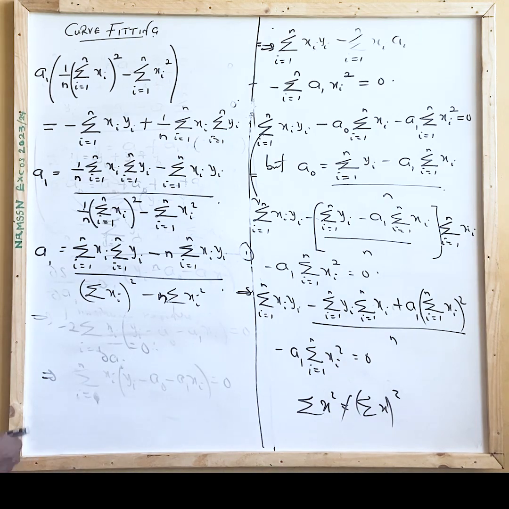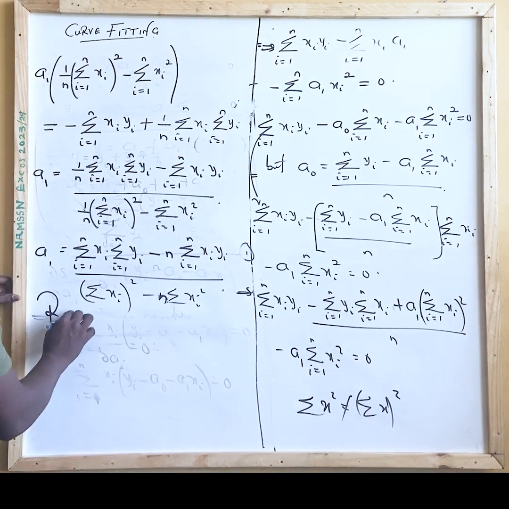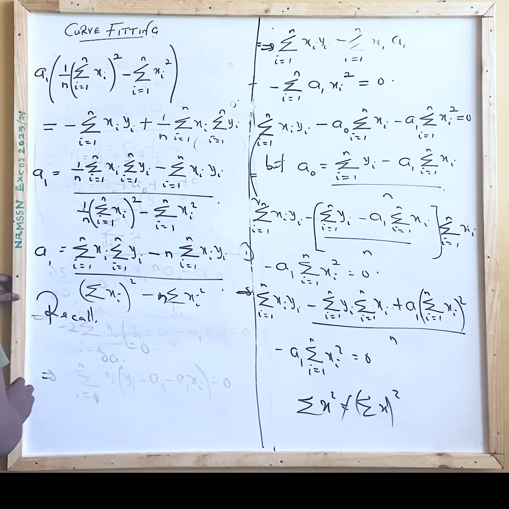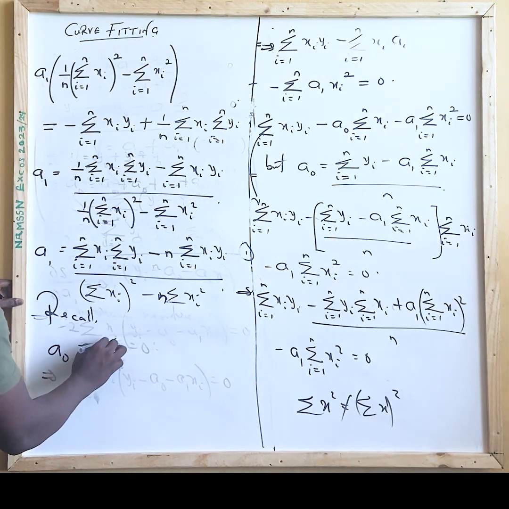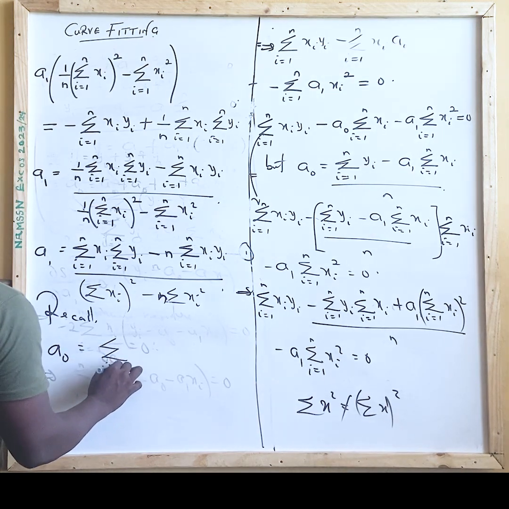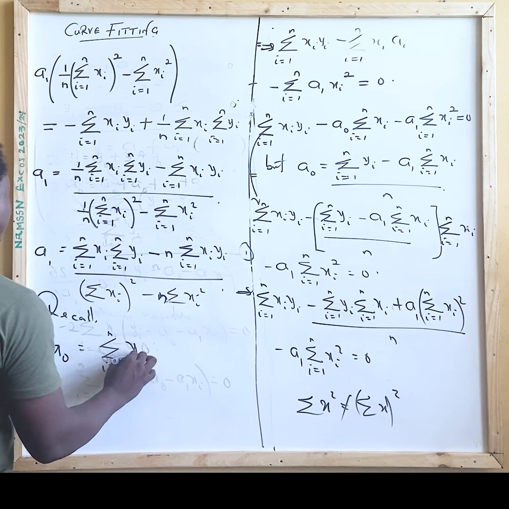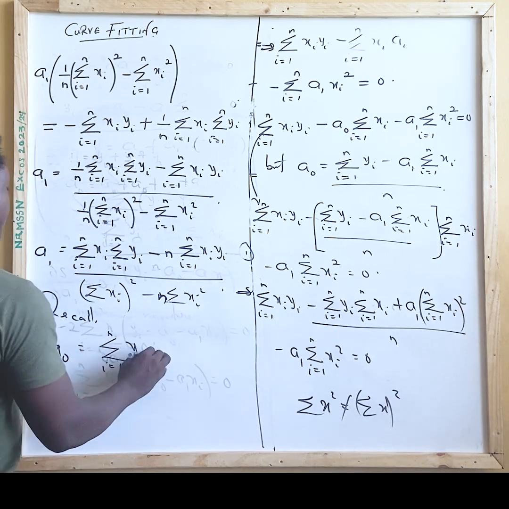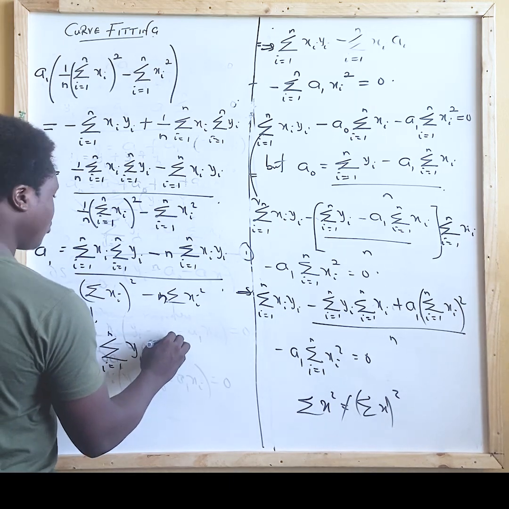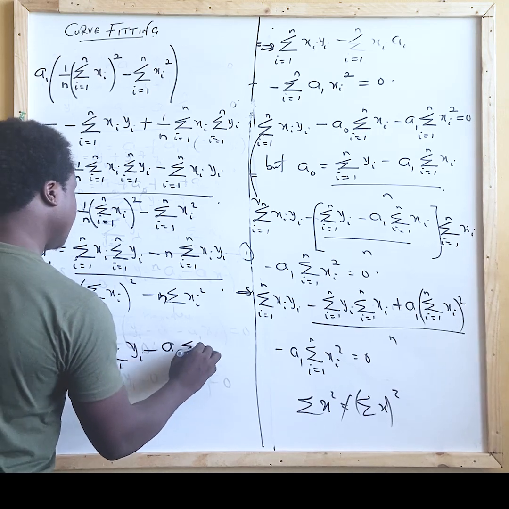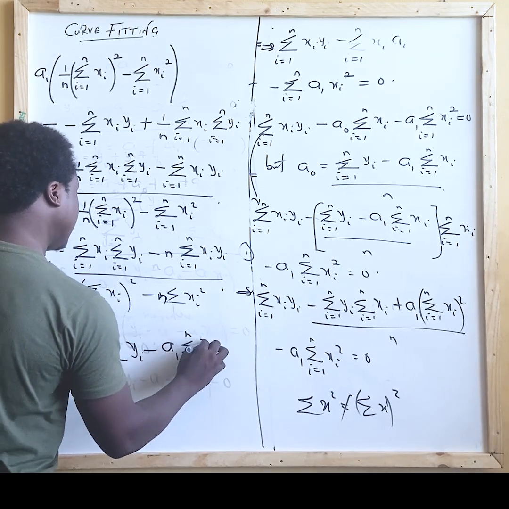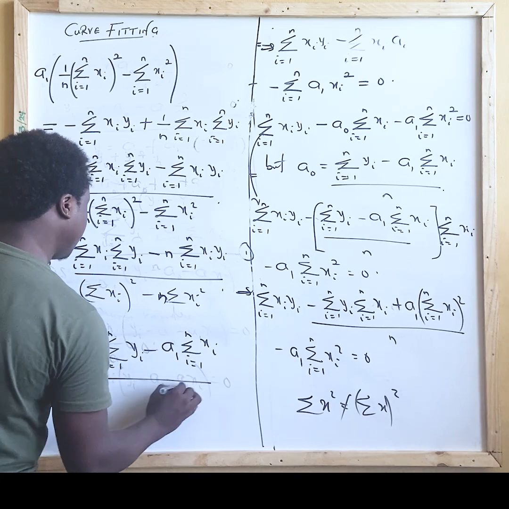All right. Now recall that we said our a naught should be equal to summation i from 1 to n yi minus a1 summation i from 1 to n xi, everything over n.